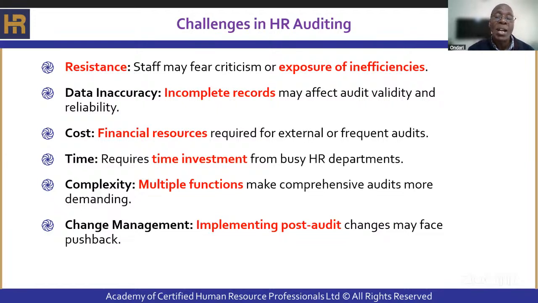In order to overcome this challenge, we are advised to use automated systems where we automate performance, automate training, automate recruitment. Because by automating, we reduce inaccuracies. If it is incomplete records, we should audit our physical or manual records. Look at them piece by piece and identify where there are gaps, and then take corrective action.